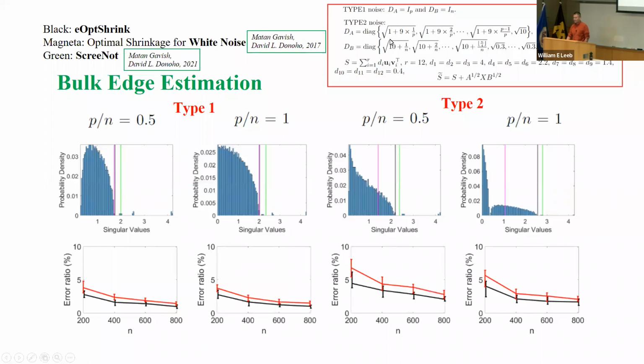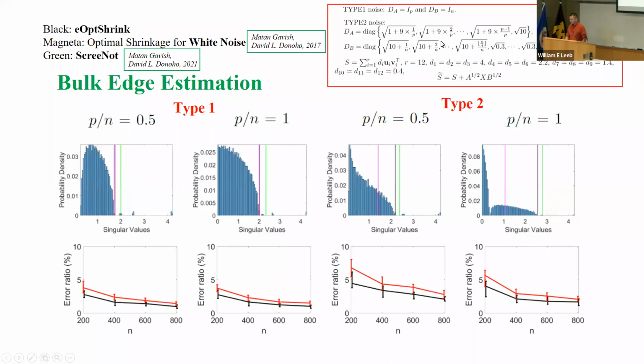For type 2 noise, we give it a more complicated structure: the eigenvalues of A have this kind of structure, and the eigenvalues of B have this kind of structure. Also, we make the signal more complicated, with rank 12: d1 to d3 equal to 4, and d4 to d6 equal to 2.2.